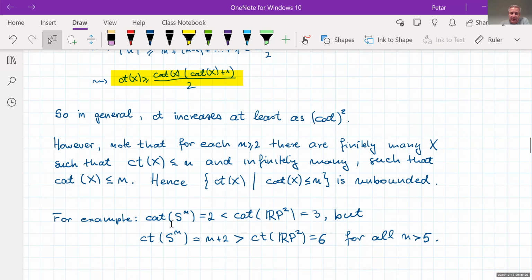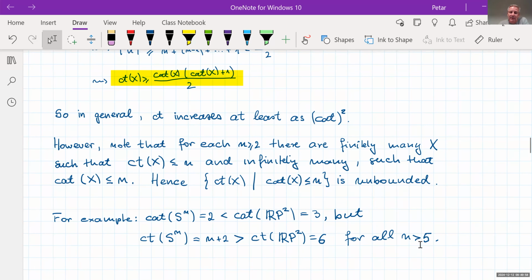As a specific example, if you take a sphere, its category is always 2. The projective plane has category 3. But the covering type of RP2 is the minimal triangulation of RP2, which is with 6 vertices, the known one. And the covering type of a sphere is at least dimension plus 2, so it is bigger for all n bigger than 5.